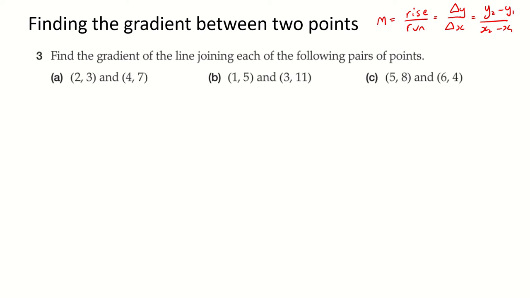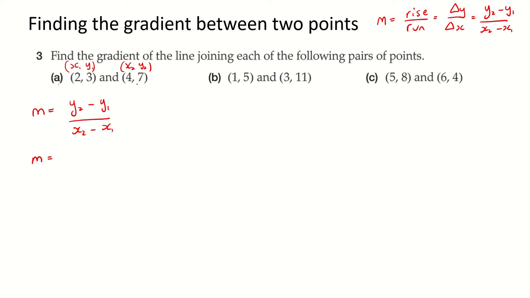Let's see this in action. So we're going to start with A here. Now this can be our x1, y1, and this can be our x2, y2. So we write down our rule, m is equal to y2 take y1 over x2 take x1. Then we substitute in here.